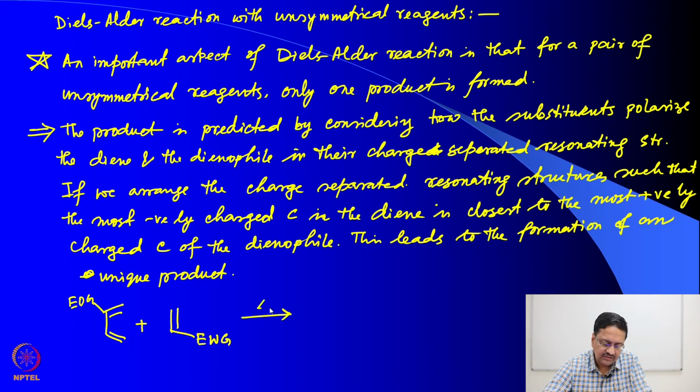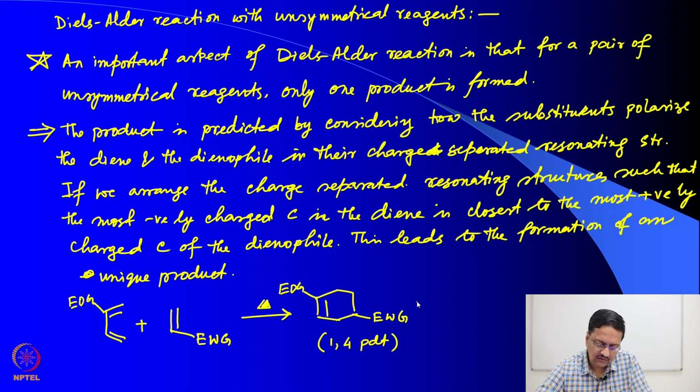Although there are possibilities of two products, the product that is formed is this one, the 1,4 product. The other product does not form.